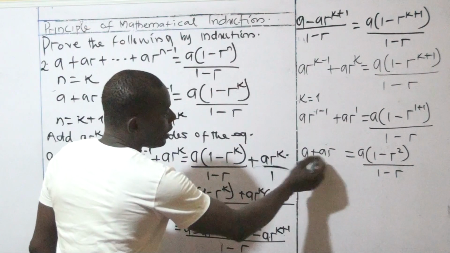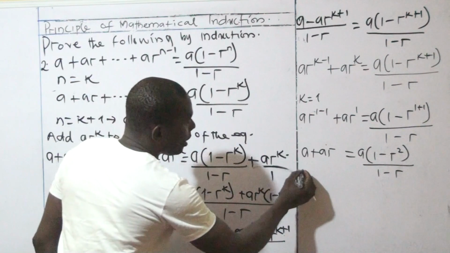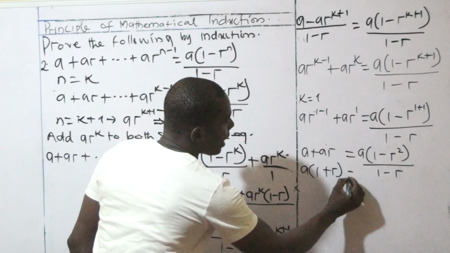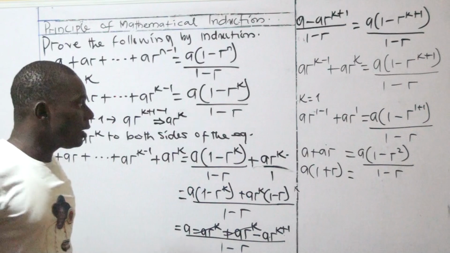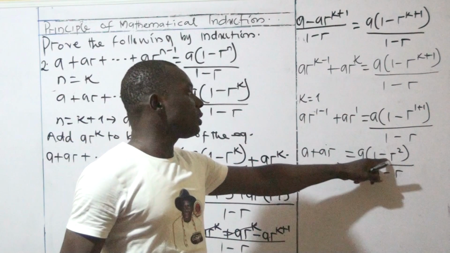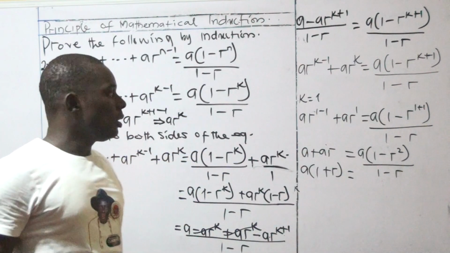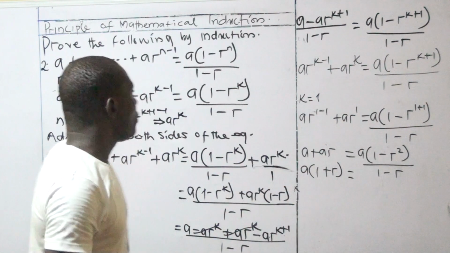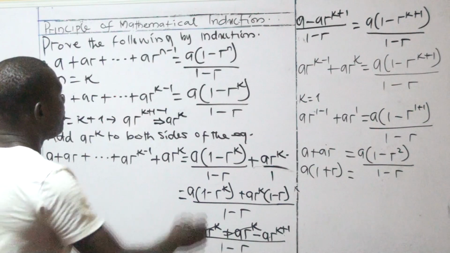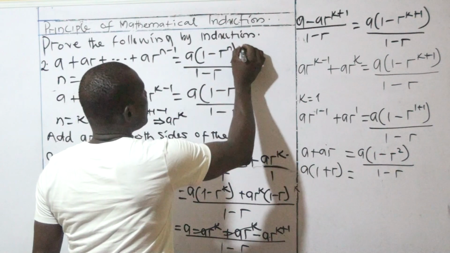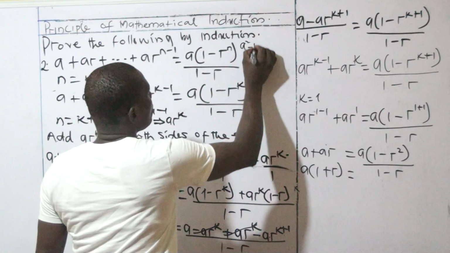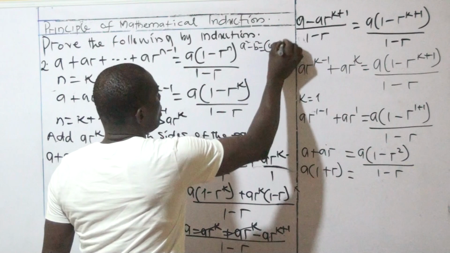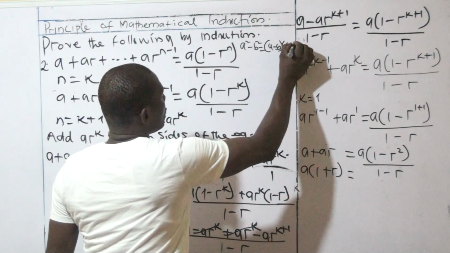Here we factor out the a. We have a here, this is 1 plus r on the left hand side. Now if you see what we have here, we have 1 minus r square and we have here 1 minus r. Now if you recall that a square minus b square is the same thing as a minus b open bracket a plus b.